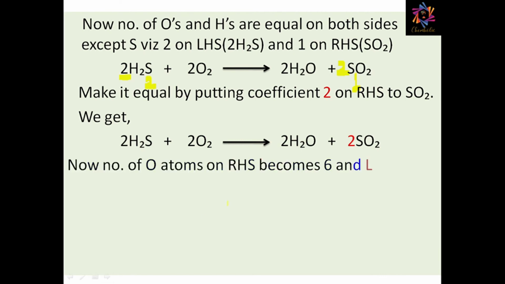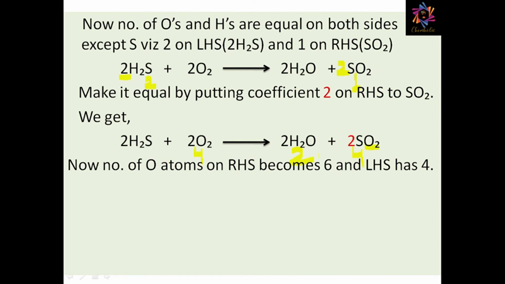Now you know that since the number of sulfur atoms have now become equal, and since it is also having this oxygen, now count the number of oxygen again. So it becomes 4 oxygens here, and 2 here, and 4 again here, and that's it.